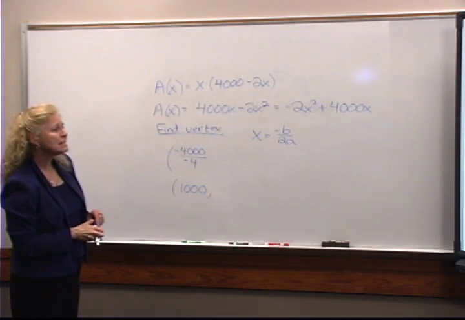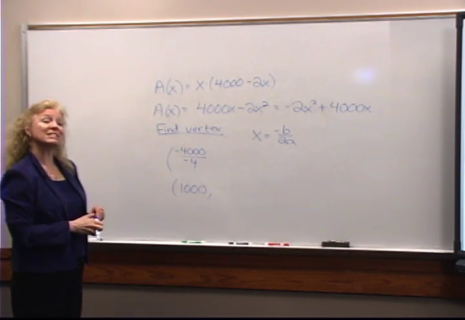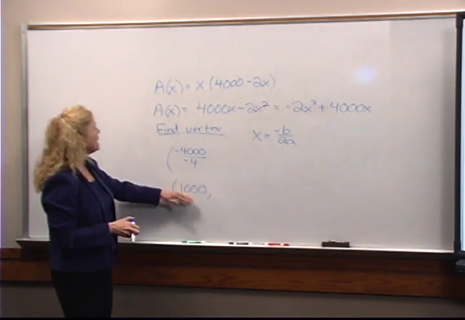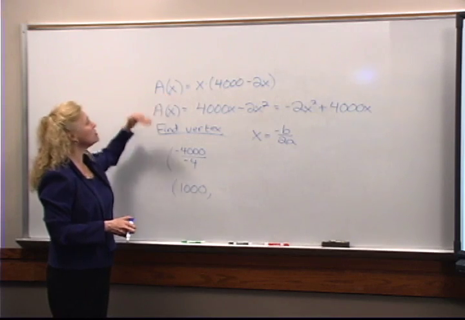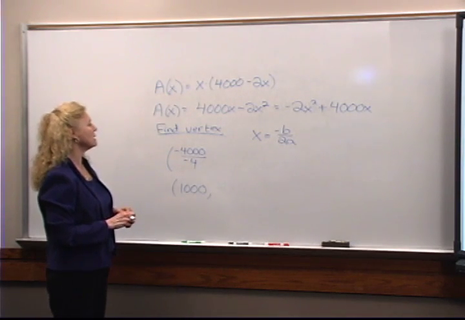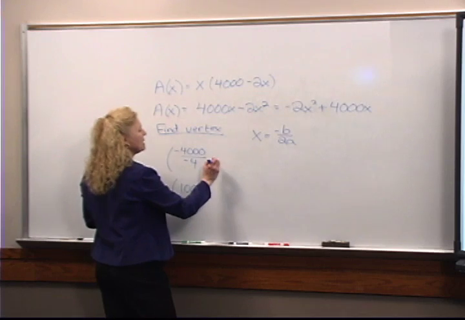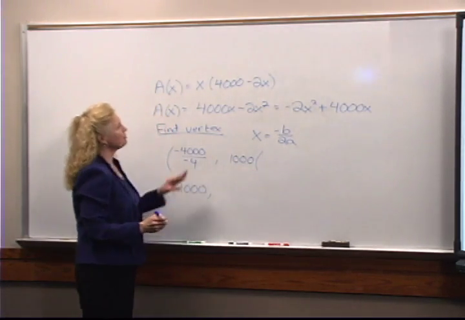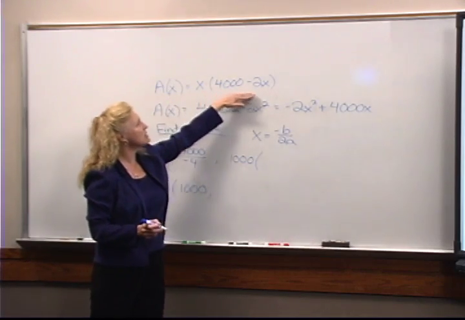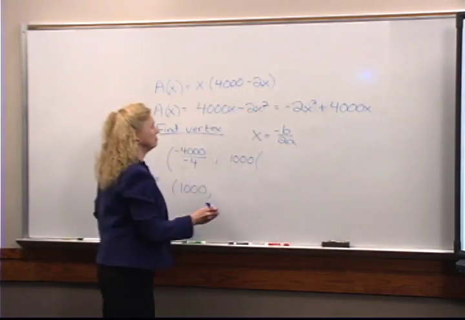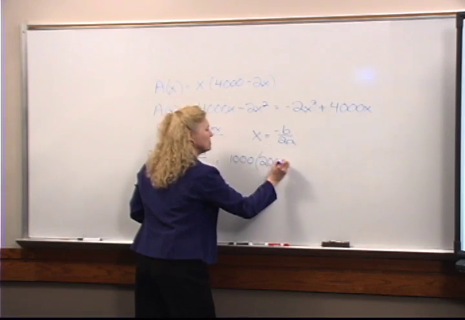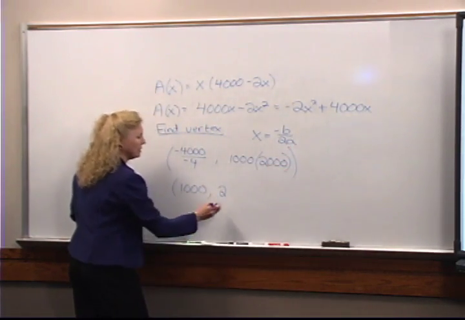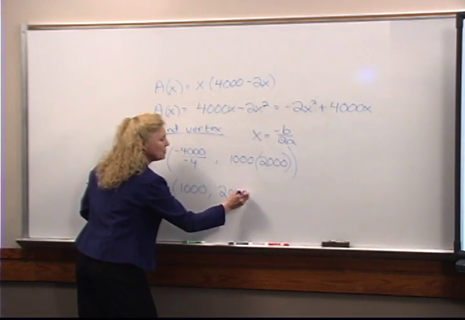And what we're asked is, what is the largest area he can actually enclose? So we have to find the y value of this. We have to put the 1,000 in. So that would end up being 1,000 times, what, 4,000 minus 2,000? We get lots of zeros on this. And I think that's 2 with 6 zeros.